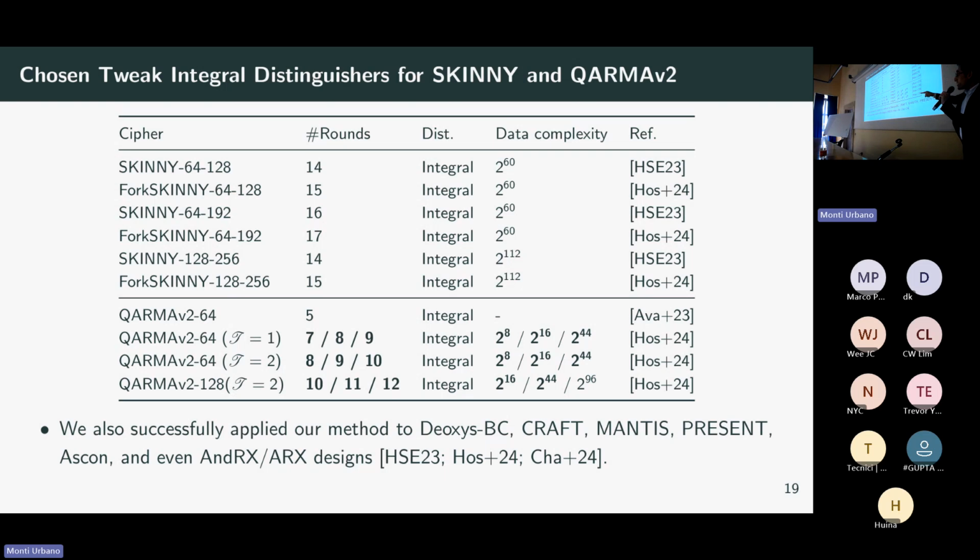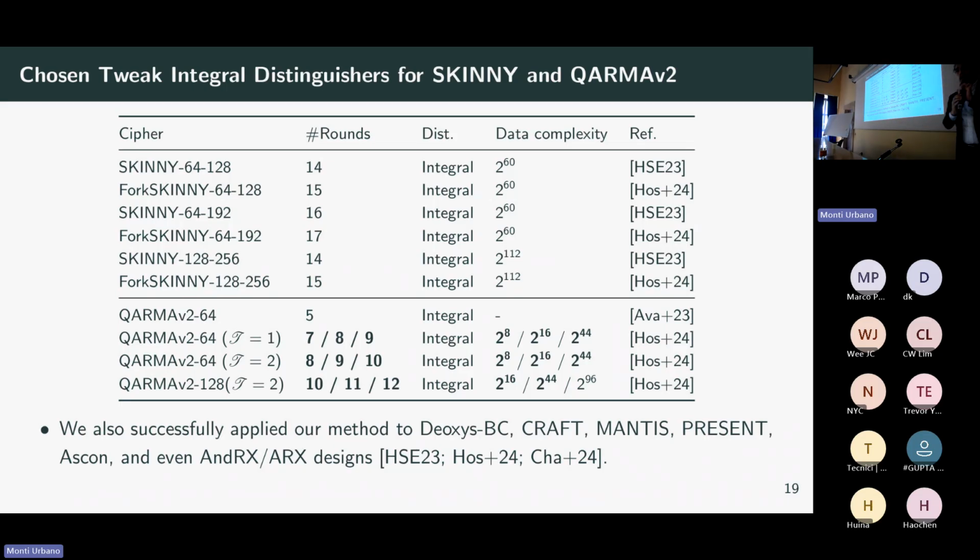For Qarma version 2, for example, we went up to 12 rounds. I would claim that with division property, in practice, it's almost infeasible to capture this integral distinguisher for up to 12 rounds of Qarma v2. This very light and fast model can capture these distinguishers. For example, the designers of Qarma v2 applied division property up to 5 rounds.